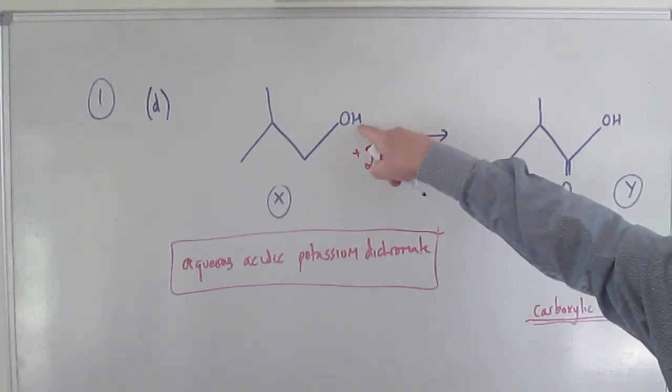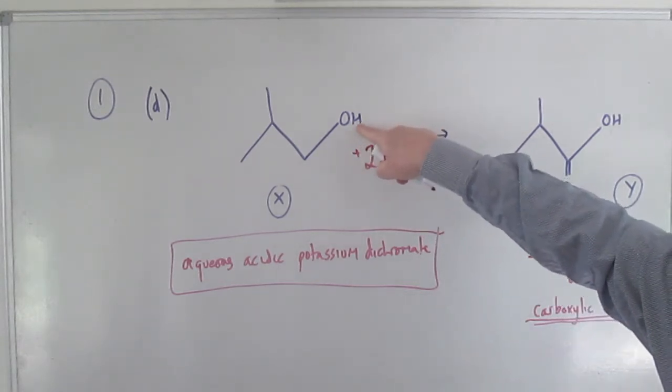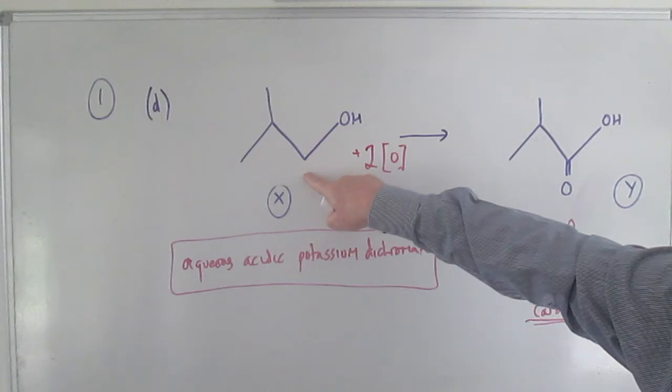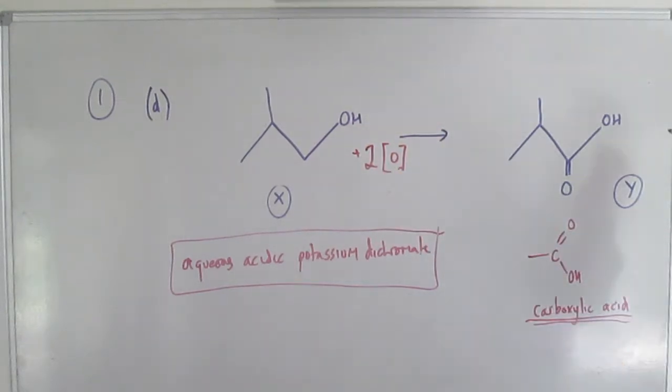What you're doing is taking two hydrogens out, that one and one from this carbon here, and those two hydrogens react with the first magic oxygen to make water. So that's your product. The second oxidation just adds the extra oxygen in, so there's only one water produced.